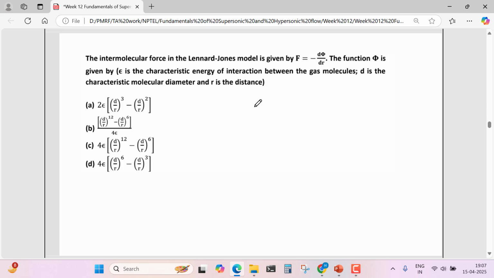B, d upon r to the power 12 minus d upon r to the power 6 upon 4 epsilon. Option C, 4 epsilon d upon r to the power 12 minus d upon r to the power 6. Option D, 4 epsilon d upon r to the power 6 minus d upon r to the power 3. If you remember the formula, you can answer this question. What will be the answer for this?